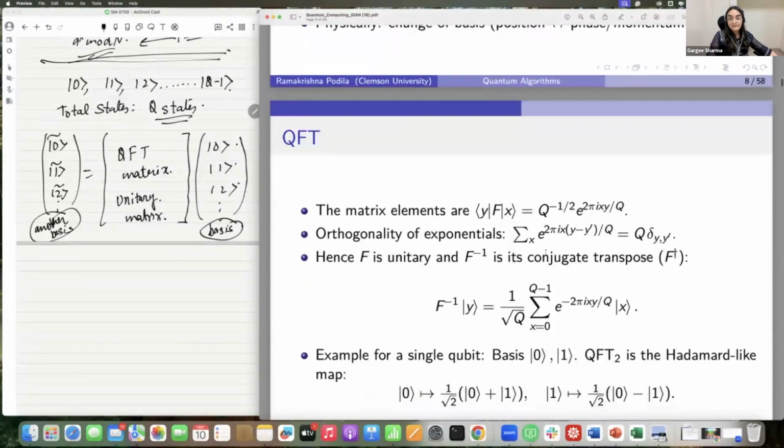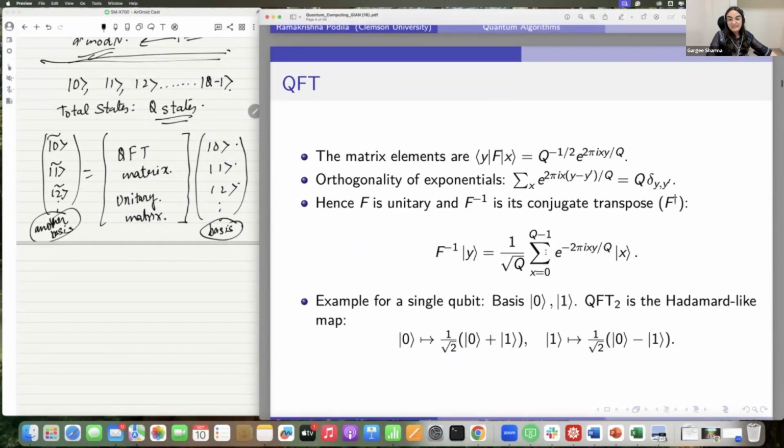This is basically a quantum Fourier transform, and you can find the matrix elements of this matrix, which are just given by these exponentials: exponential 2 pi i xy over q, with some normalization 1 over square root of q.